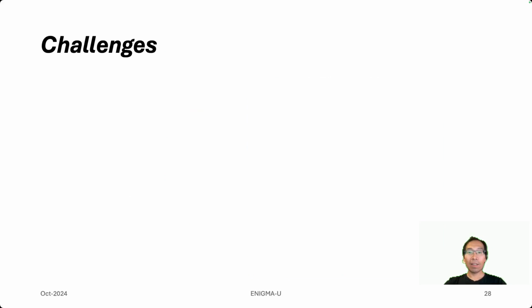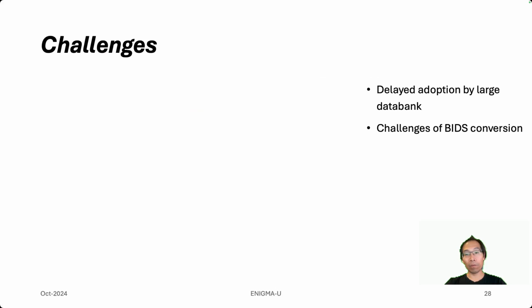As for the challenges, the first one is delayed adoption by large data banks like the UK Biobank. However, this can be accepted because it is very hard to modify the data as there are tons of thousands of data points. Second, the conversion to BIDS used to be a headache.